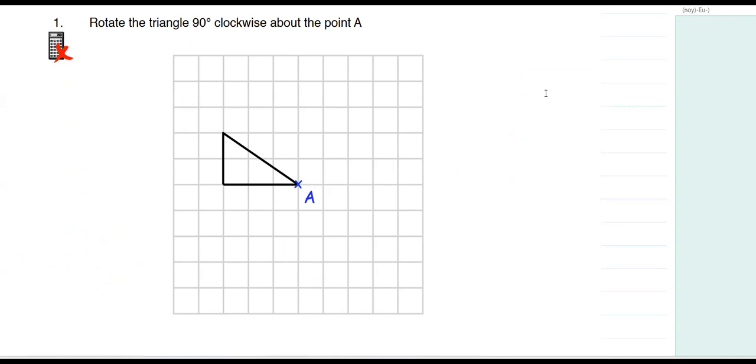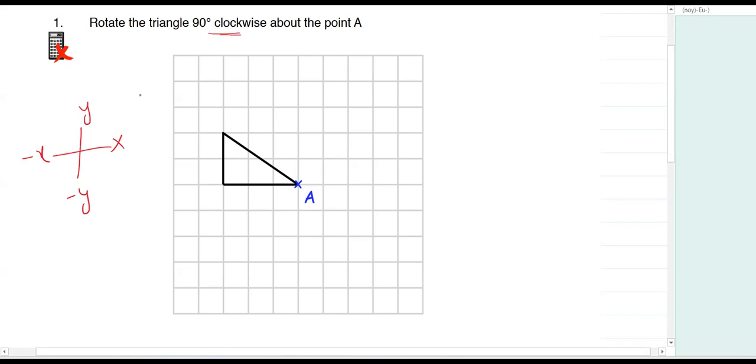In this case, you have to rotate the triangle 90 degrees clockwise about the point A. This is the center. From this center, you have to rotate it 90 degrees clockwise. First, write the rule for 90 degrees clockwise. Suppose you forget, no problem. (x, y) becomes (-x, -y)?